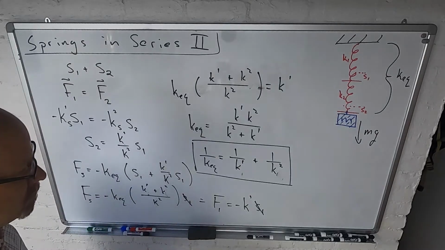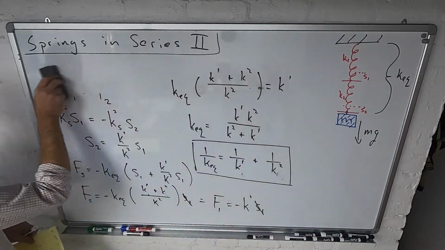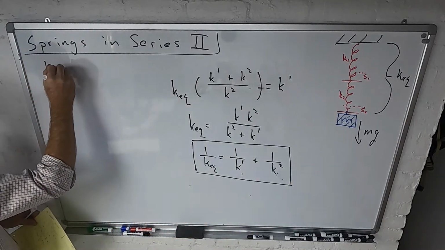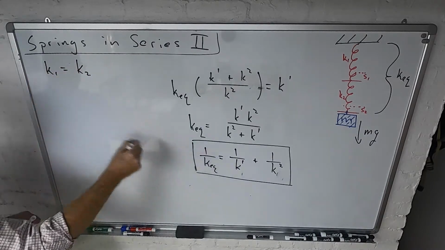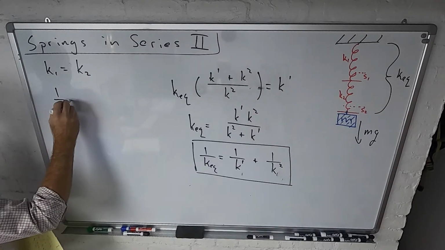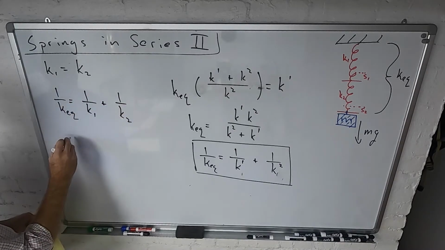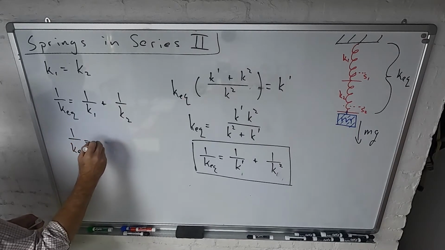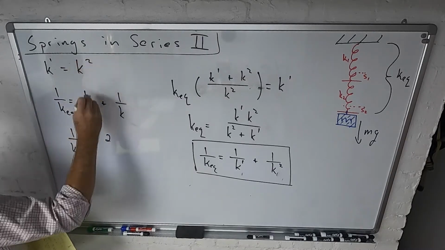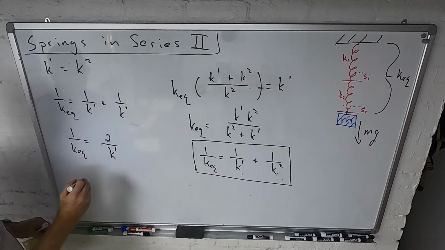And so, for example, if K1 is equal to K2, 1 over K equivalent is equal to 1 over K1 plus 1 over K2, which is 2 over K1.